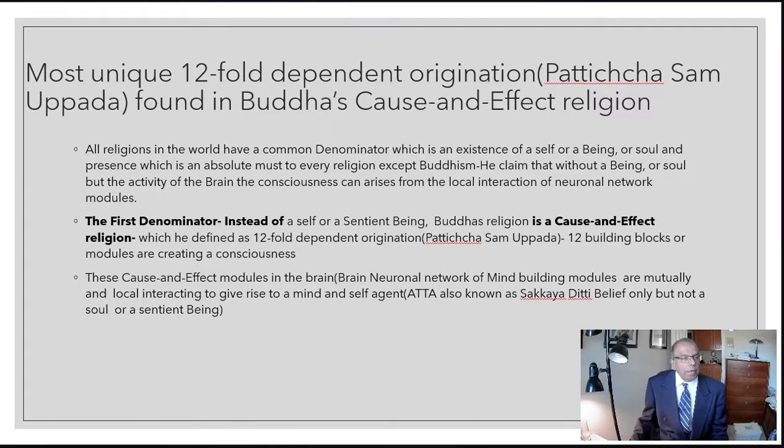And that is his first denominator that we can find, which is instead of a self or a sentient being, Buddha's religion is a cause and effect religion, which he defined as the 12-fold dependent origination, also known in Pali as Paticca Samuppada. They are 12 building blocks, modules, which are creating the consciousness.